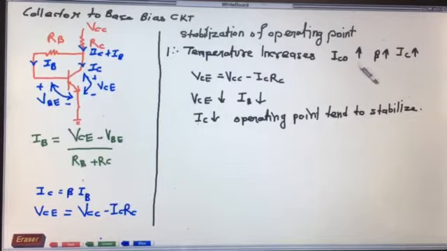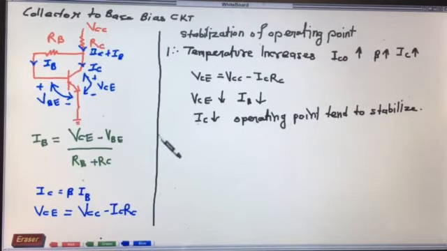First, due to increase in the temperature beta will increase, so IC will also increase, and according to the relation VCE equals VCC minus ICRC, VCE will decrease with the increase in IC. This decrement in the collector emitter voltage VCE will decrease the base current IB, and according to the relation IC equals beta IB, IC will also decrease. So the operating point tends to stabilize because here collector current is not changing rapidly.